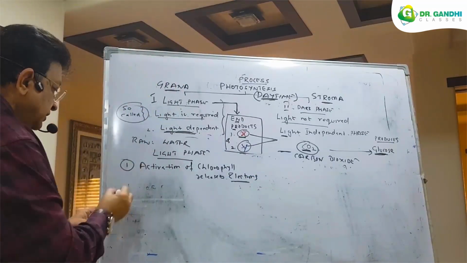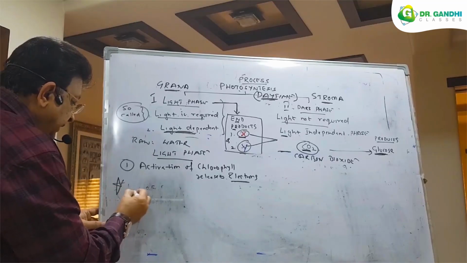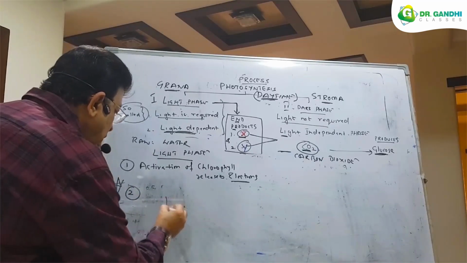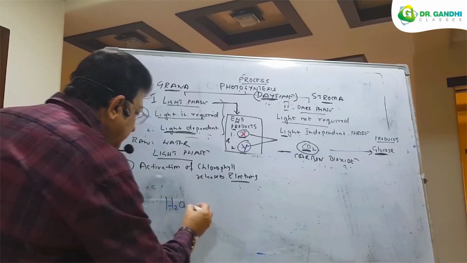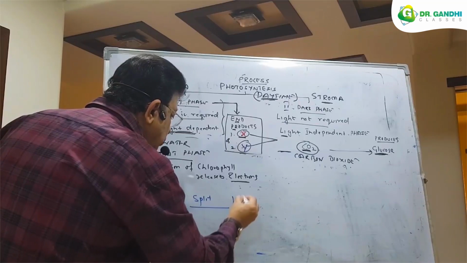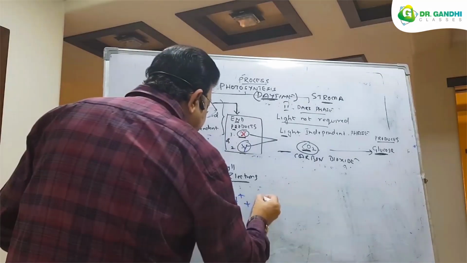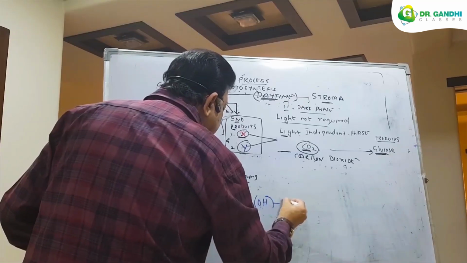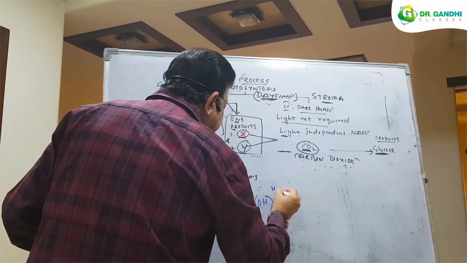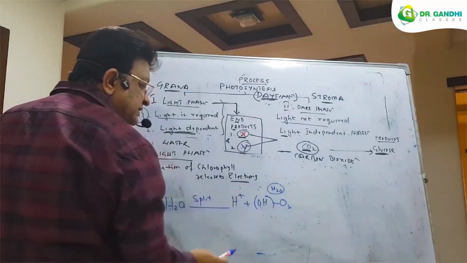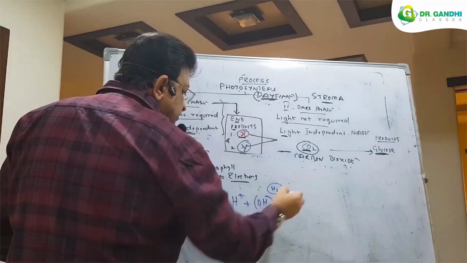Only for enumeration. The most important step being the second one. In the second one, what happens? The water, which is the raw material, now splits. And when it splits into hydrogen ion and hydroxyl ion, which then becomes oxygen and water. We studied in the equation of photosynthesis, water is recycled, oxygen is released.